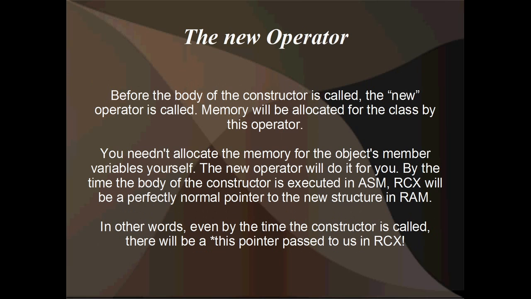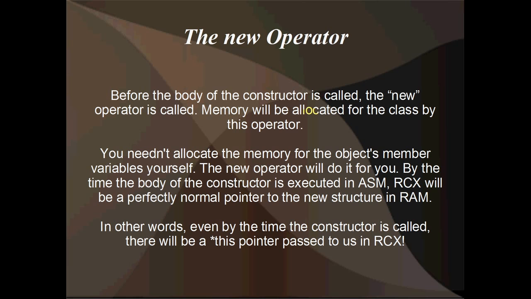Okay, the new operator. Before the body of the constructor is called, if we've defined the body of a constructor in our assembly file, like we're going to do at the end, the new operator will already be called, and the new operator, thank goodness, will allocate the memory for us.